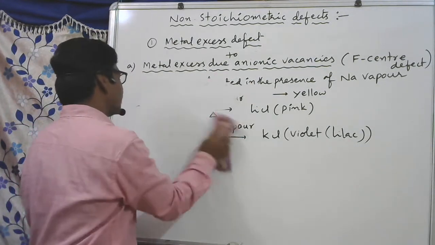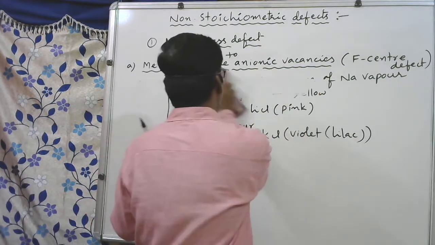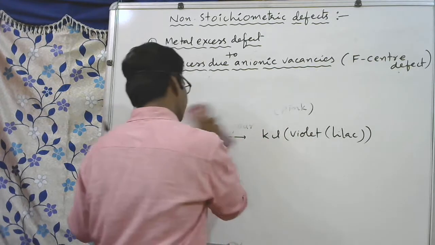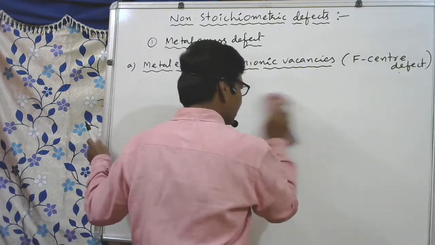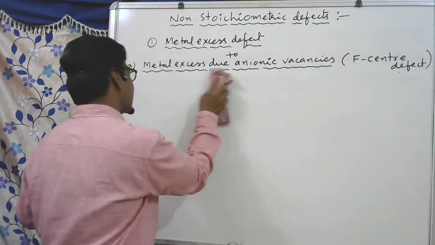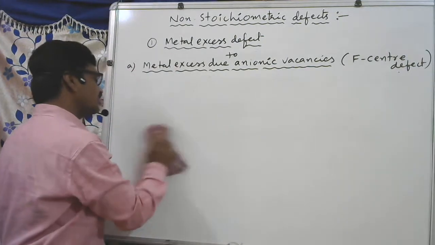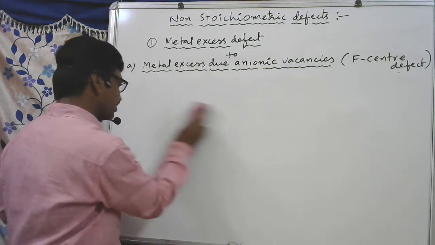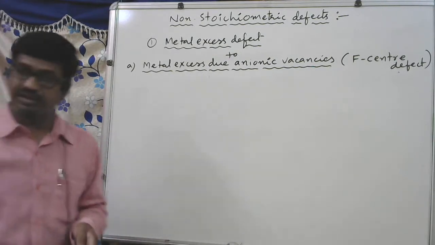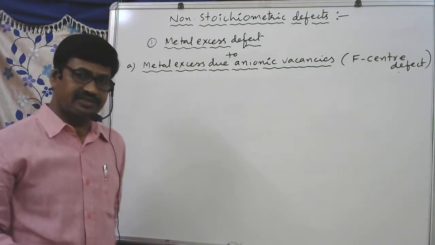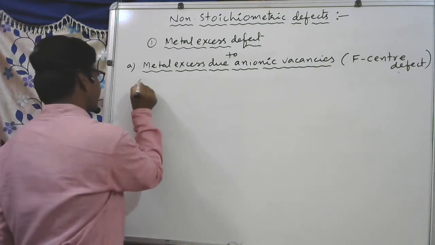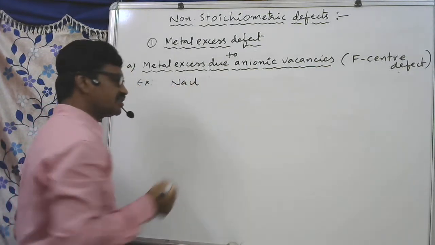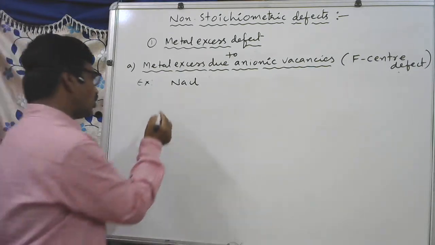So how it happens, we'll discuss now. Sodium chloride crystal I am taking. In sodium chloride crystal, Na plus ions and Cl minus ions are present. Crystal lattice I am writing. Lattice means close packing. Lattice is nothing but close packing of anions and cations. See here, sodium chloride I am taking, NaCl, or any you can assume. These balls I am drawing here.